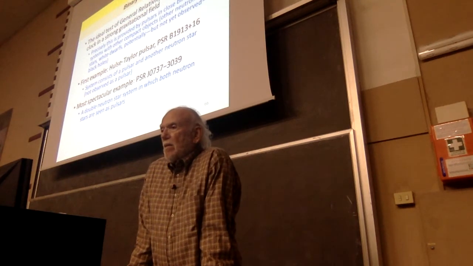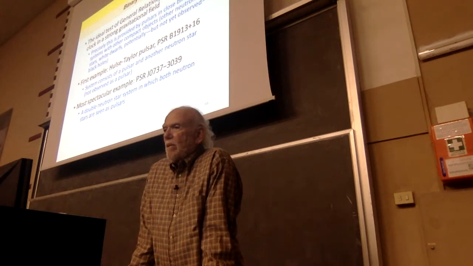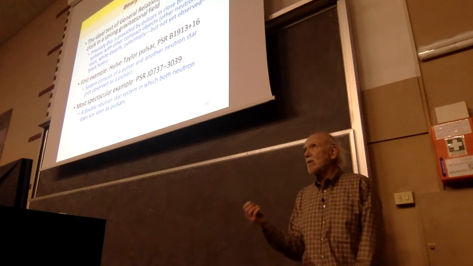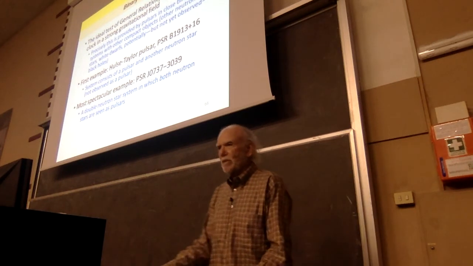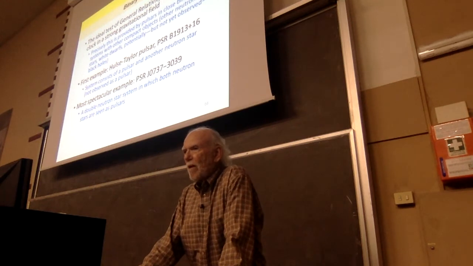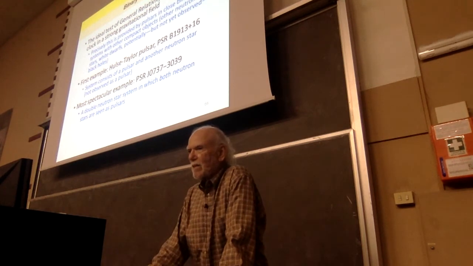The ideal test of general relativity is an accurate clock in a very strong gravitational field. The closest we have is provided by pulsars in a close binary system of compact objects.